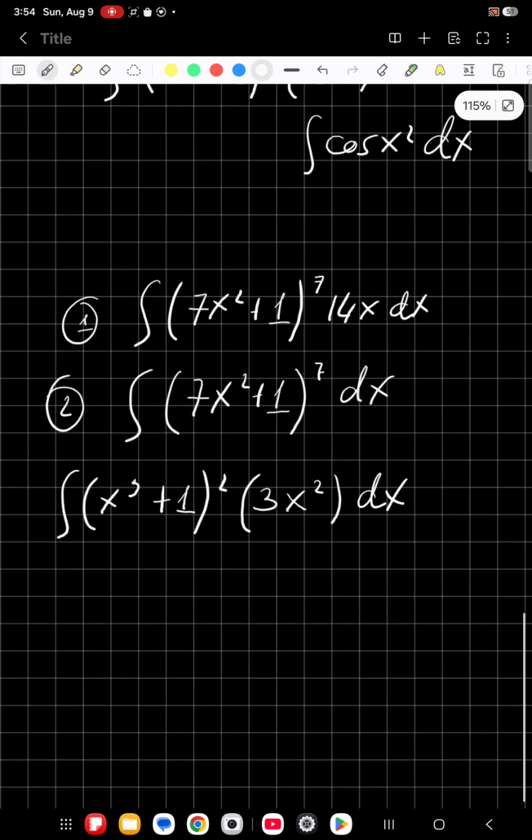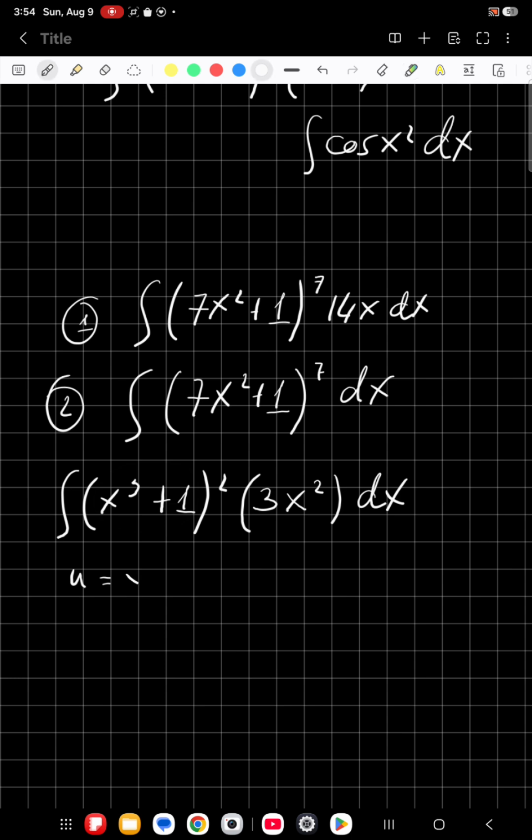Now we're looking for an expression that we can replace with u. There are a couple of options. You could try this whole thing, you could try this expression, or maybe just x cubed. You can try a couple of those things. What I'll do is replace this with u. Okay, so let's do it.